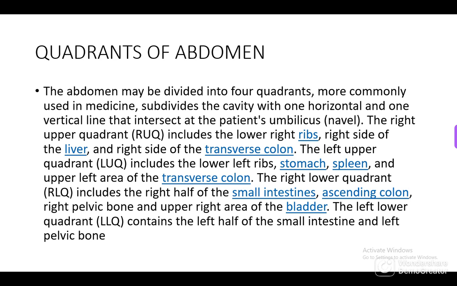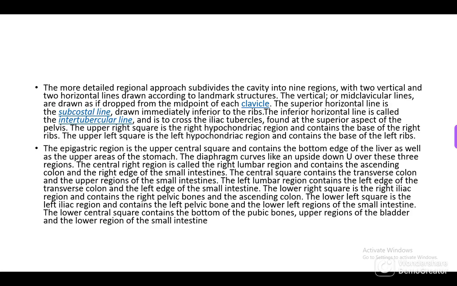We will discuss it, inshallah, if possible at one time, although it is not my subject. So the more detailed regional approach divides the cavity into 9 regions, as already mentioned.